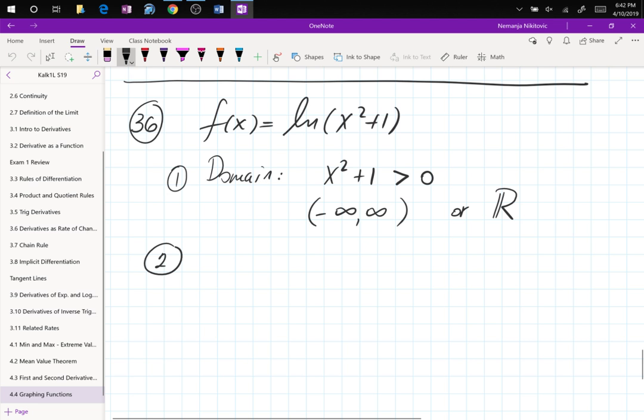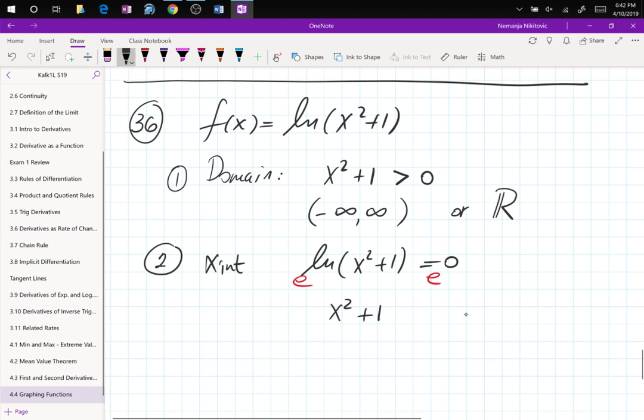All right, let's take a look at this stuff. So what about the x-intercept? What do I do? Exponentiate both sides, right? e cancels ln.